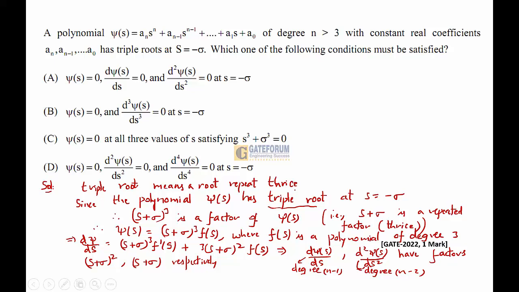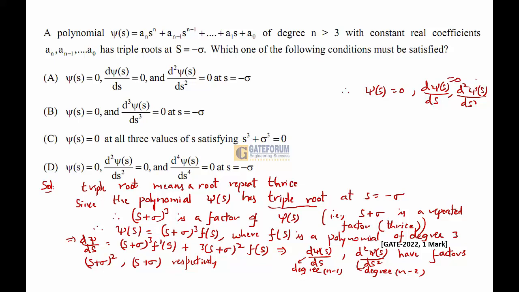So therefore, psi of s is equal to 0 at s is equal to minus alpha, d psi of s by ds at s is equal to minus alpha, and d square psi of s by ds square, all these are equal to 0.